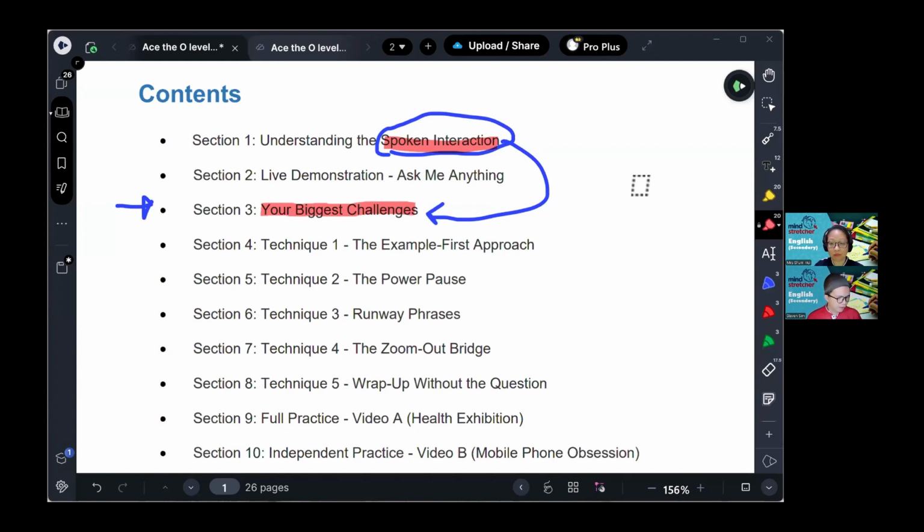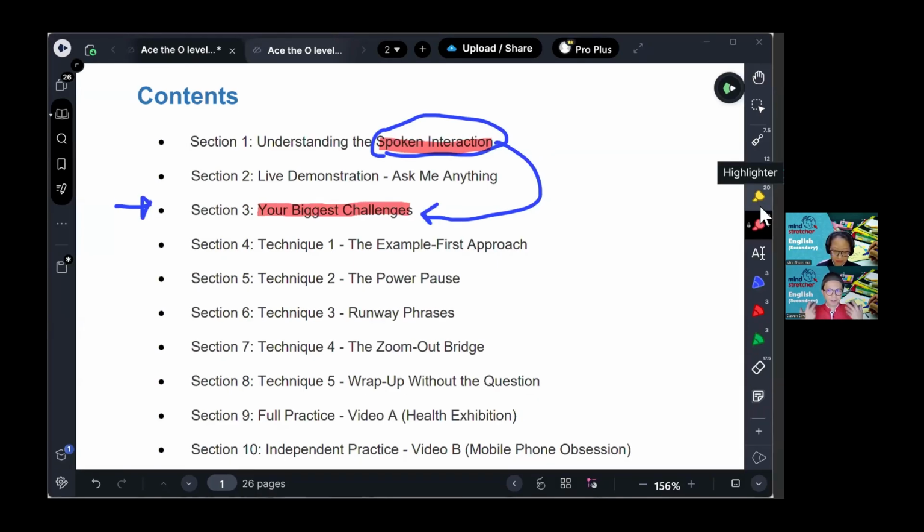And what has happened is that over the years, as I have observed the students taking the exam, I noticed some things. Some students demonstrated certain techniques. When I went back and thought about it later on, why did I give this student the top band?